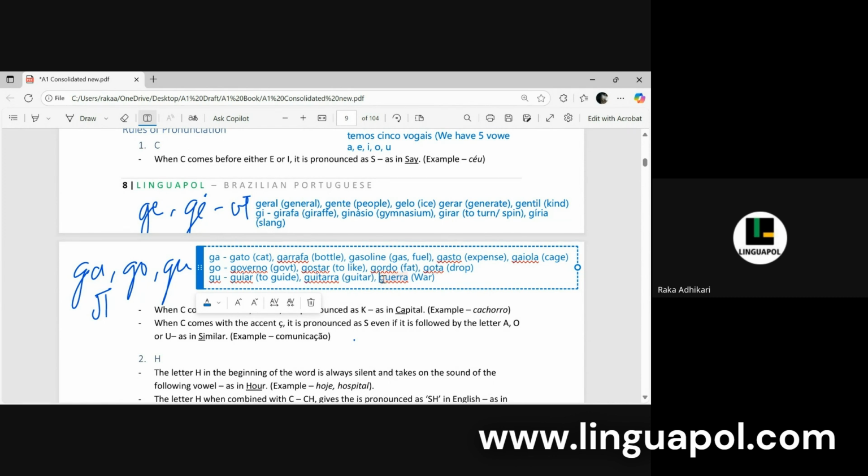Now look at this combination: GUE sounds like "gay". This one was "gi", this one is "gay". So you can see that the letter U is actually used as a combination to give different sounds.